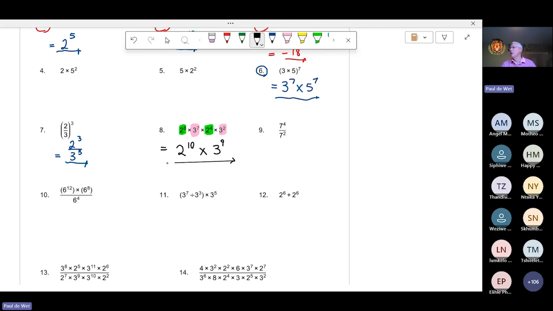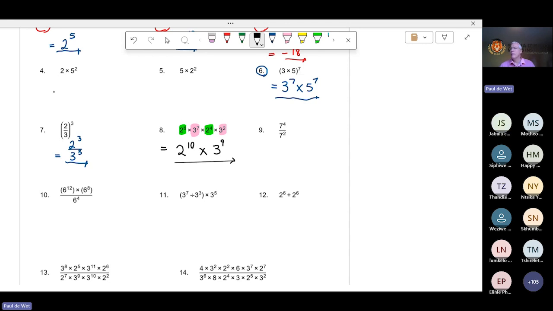Now I've seen a question: why did we skip number 4 and number 5? We're skipping 4 and 5, guys, because they're actually similar to ones that we've done. They are important, and I can quickly write the answers down.